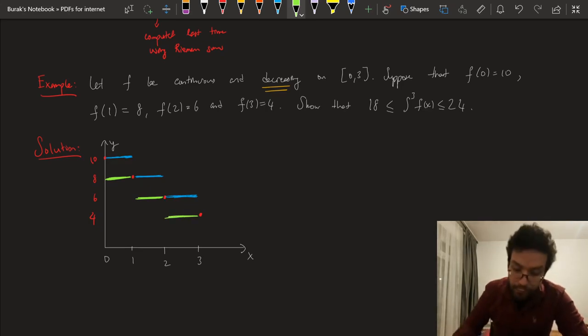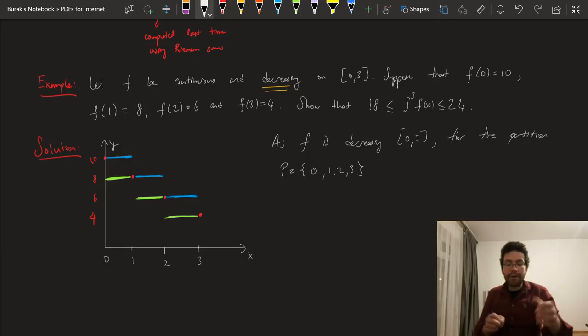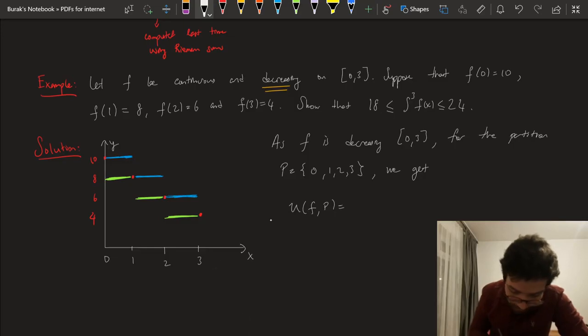Okay, now as f is decreasing on 0, 3, if I choose a partition of this interval, 0, 1, 2, 3, which splits it into 3 equal pieces, the upper Riemann sum of f with respect to this partition will be, well, I take the maximum value of the function over this interval and multiply that with the length of that interval.